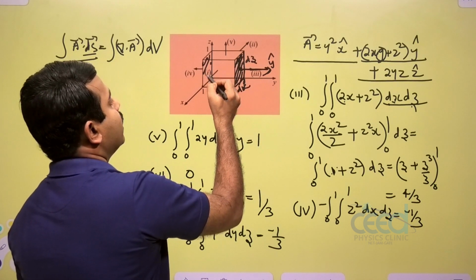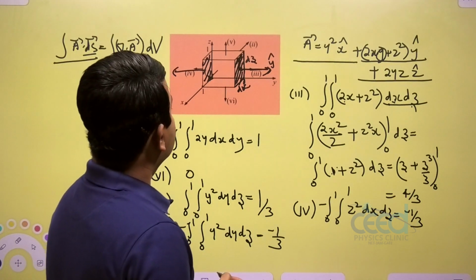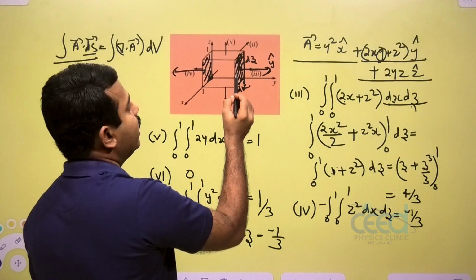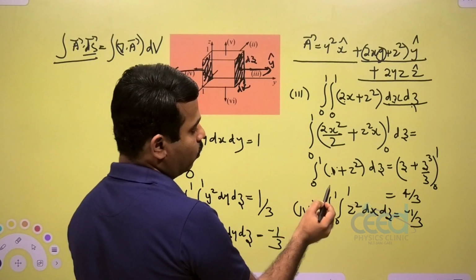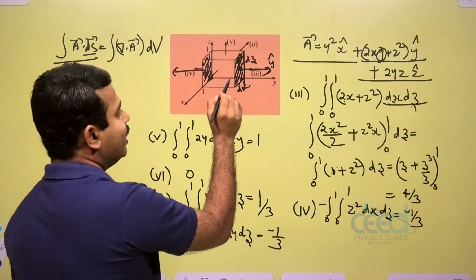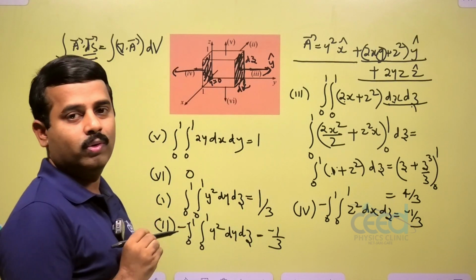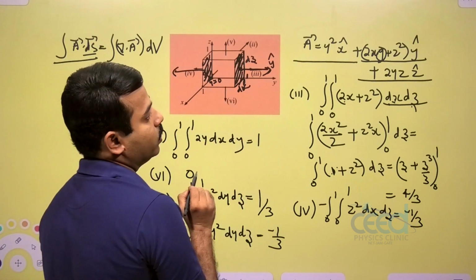Now what is the area of the face in this direction? That is negative, the negative of the same area, but it is in the opposite direction. So negative of 0 to 1, 0 to 1. But one condition here: y is equal to 1 here, y is equal to 0 here.